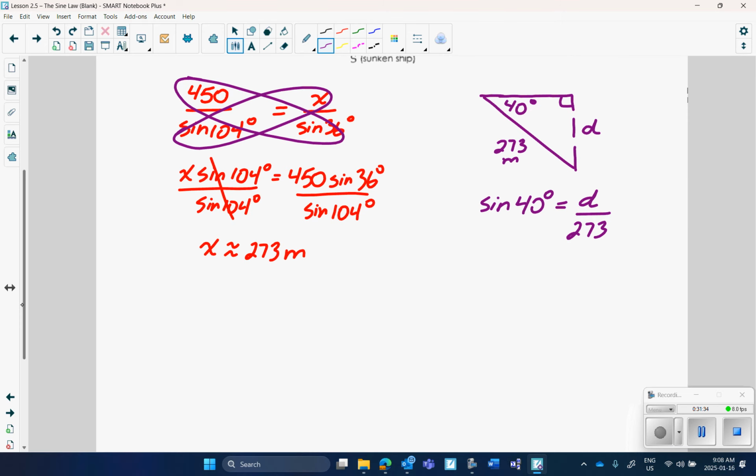So multiply both sides by 273. And that's going to give us our missing depth, which for one decimal place, when we use right triangle trig, is 175. All right, that's our final answer.